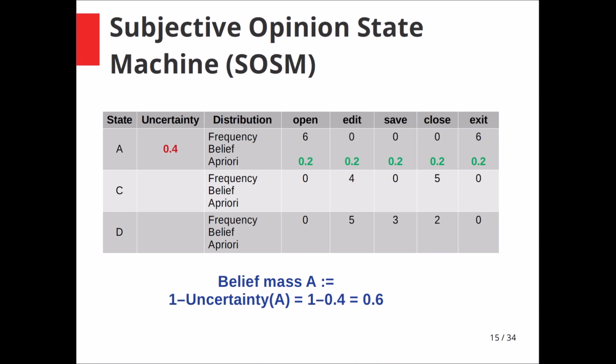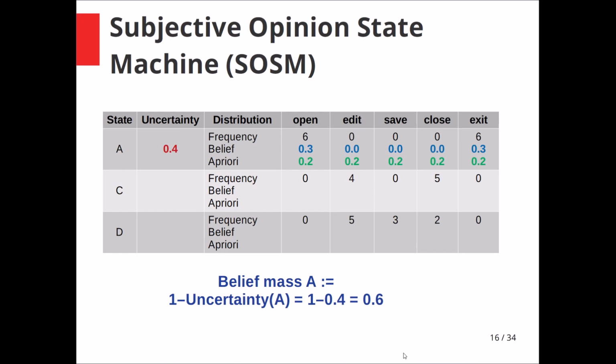Since there are only 2 events that happen in state A and both have the same frequency, we split up the belief mass of 0.6 in 2 parts and assign to the open and exit event a belief probability of 0.3.